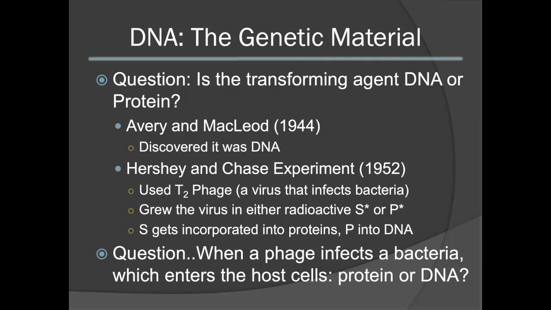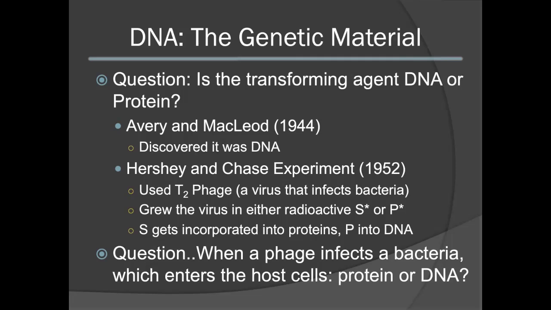Hershey and Chase did a series of important experiments that also investigated this process. However, they used bacteriophages, which are viruses that infect bacterial populations. They grew the virus in two different conditions, in a medium with radioactively labeled sulfur or in a medium with radioactively labeled phosphorus.